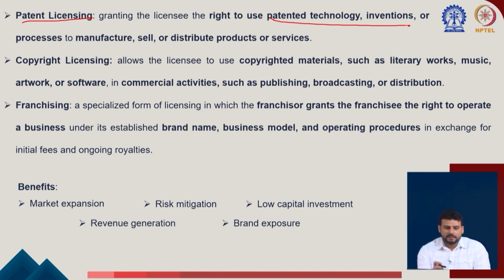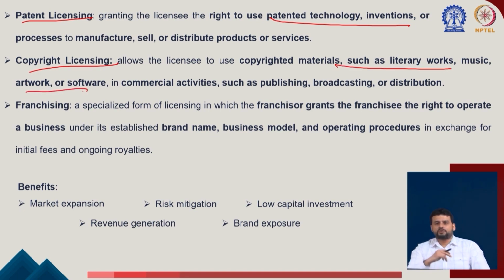Copyright licensing covers literary work, music, artwork or software. Like an English or Hollywood movie, you can dub it in Hindi directly, or make a sequel or a similar story concept, again with permission.